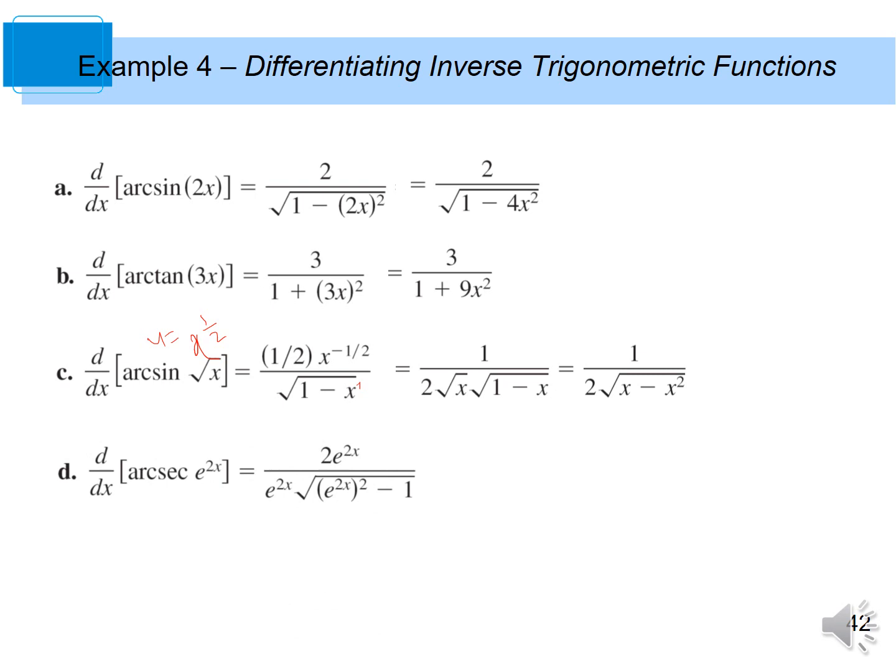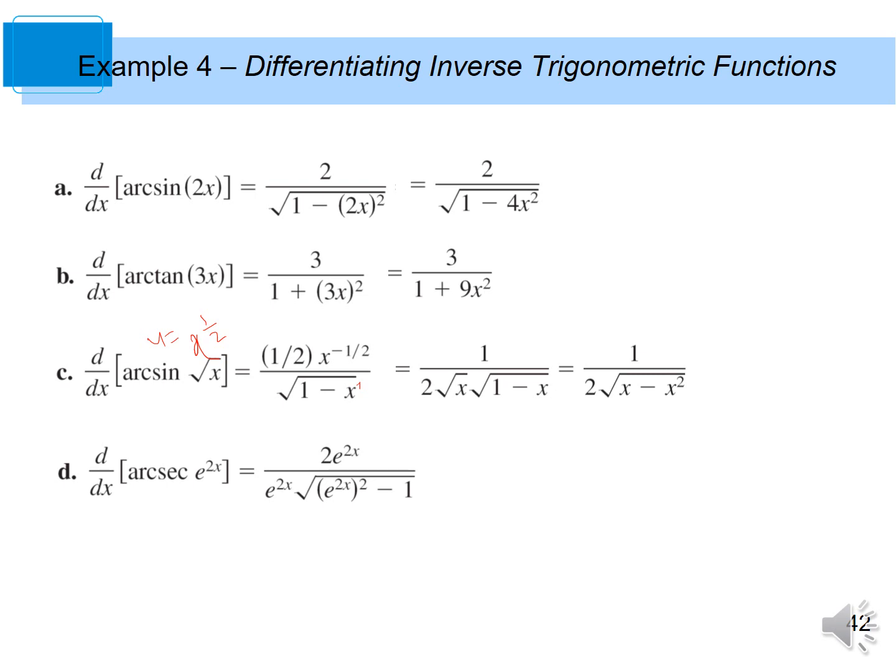For D, arcsecant e to the x with respect to x. So we differentiate this function. First, you should know this function is a composite function. So e to the x is u, the inner function.